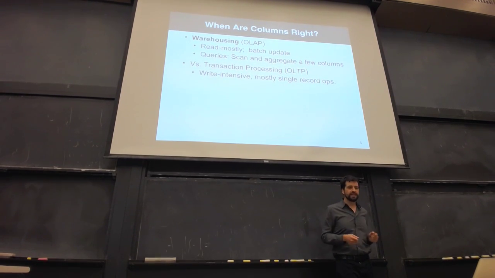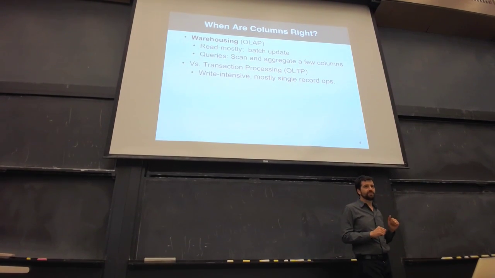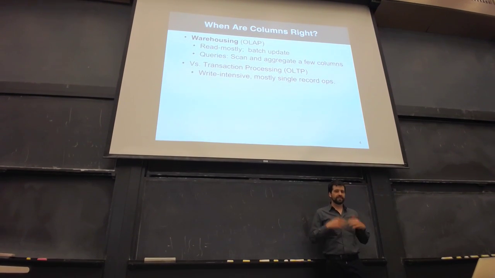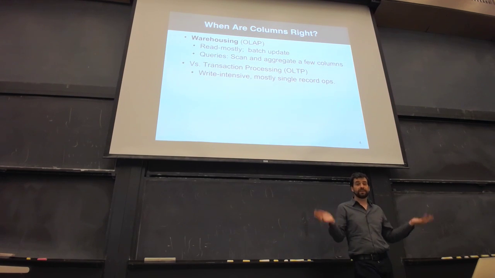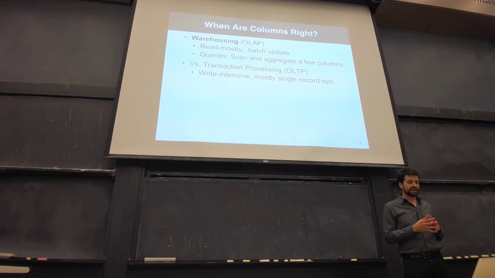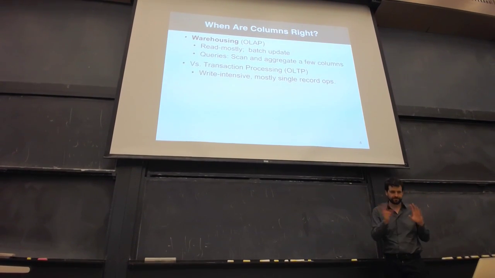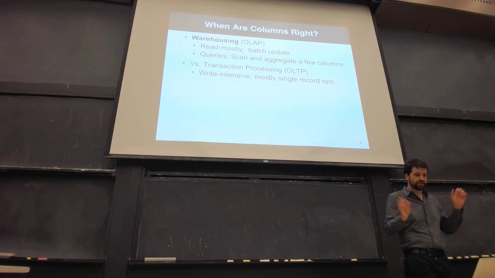Maybe you have to read the current balance of a bank account or the current set of items in a shopping cart. This happens for maybe thousands or tens of thousands of users concurrently. In the OLTP case, you've got a very write-intensive workload, with lots of updates and lots of operations on single records at a time on behalf of many distinct concurrent users.